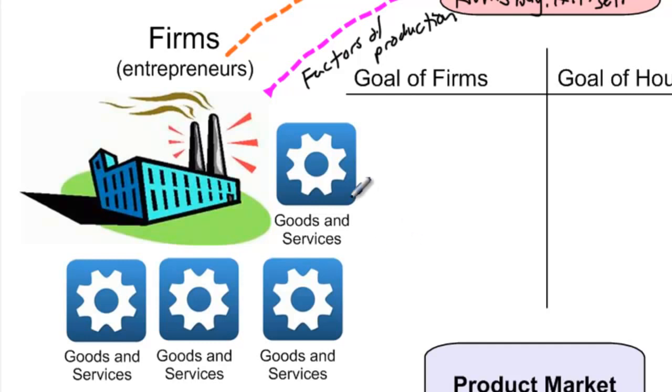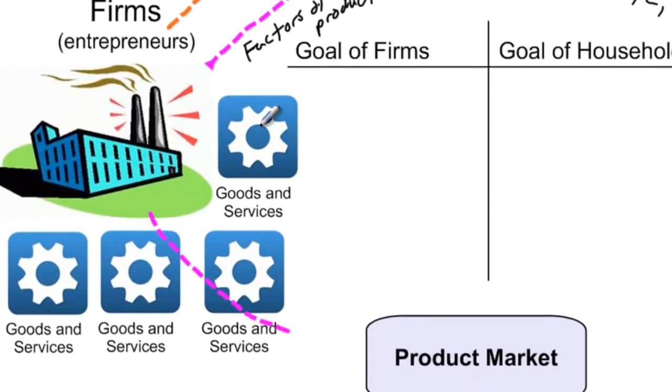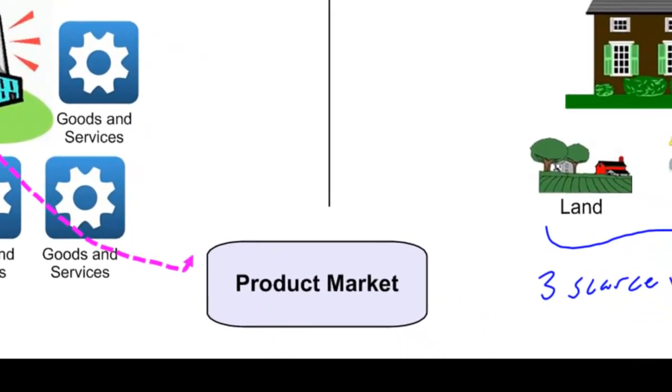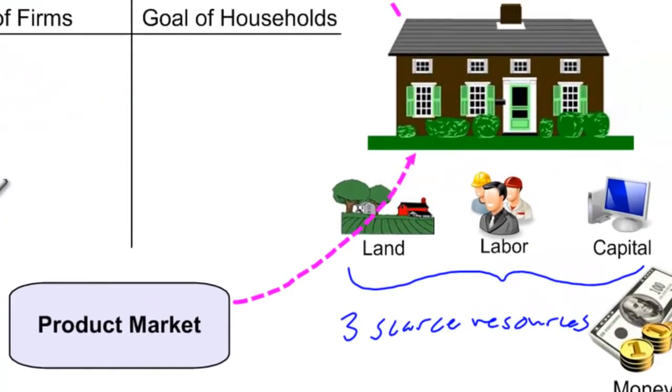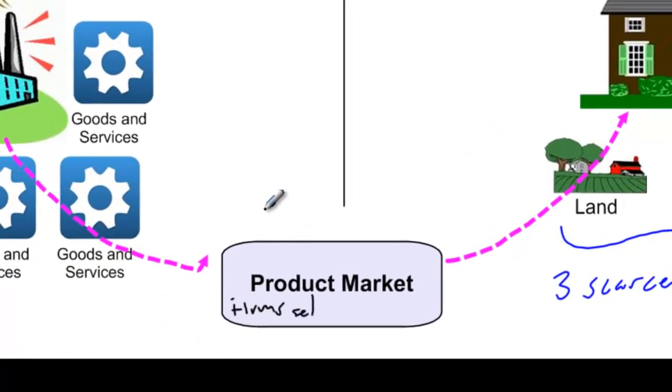So we should start to see these goods and services flow counterclockwise in the product market towards households, and that's exactly what should happen next. The purple arrows represent the flow of goods, services, and resources. So in product markets, firms are the suppliers and households are the demanders. So firms sell and households buy products.